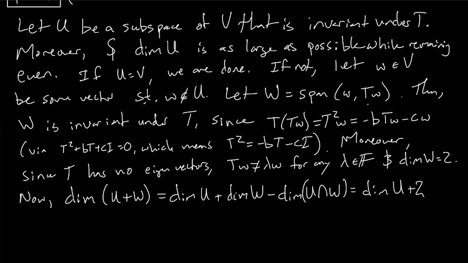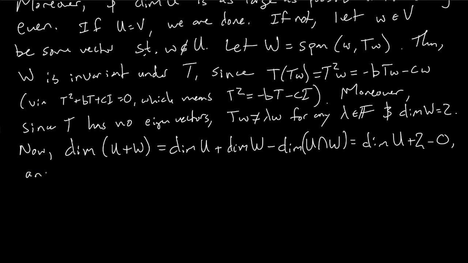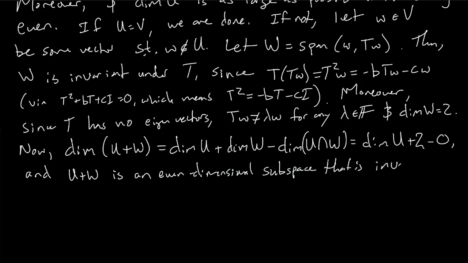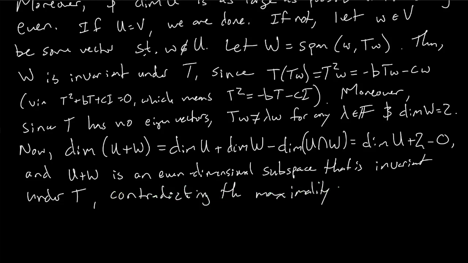So U plus W is an even dimensional subspace that is invariant under T, contradicting the maximality of U, or the maximality of dim U, since we picked U to have the largest dimension.